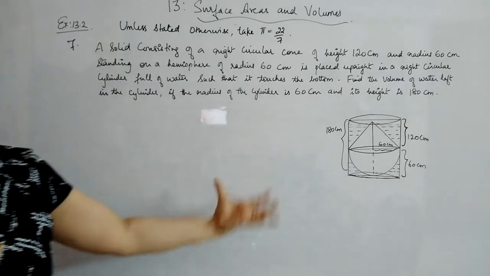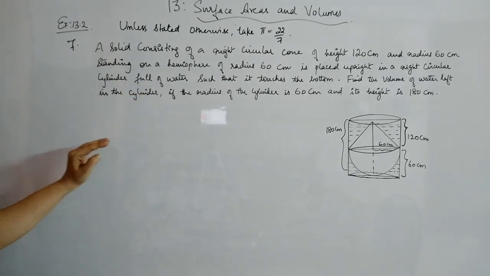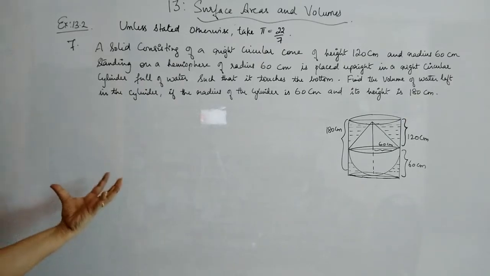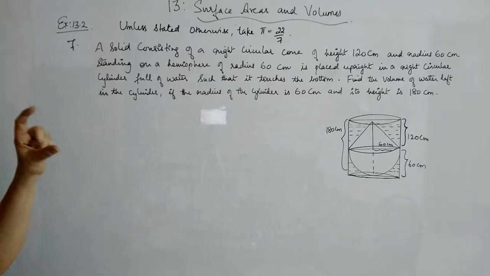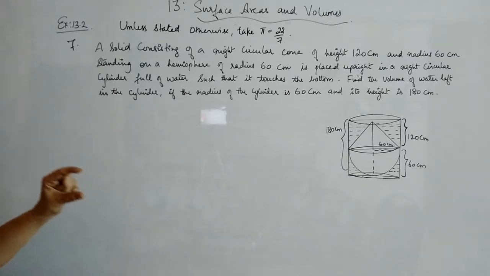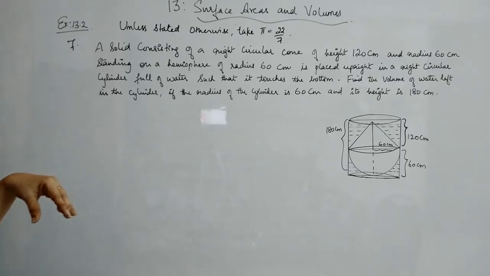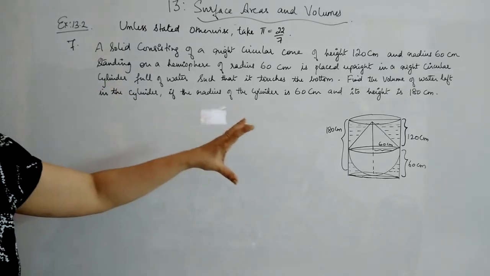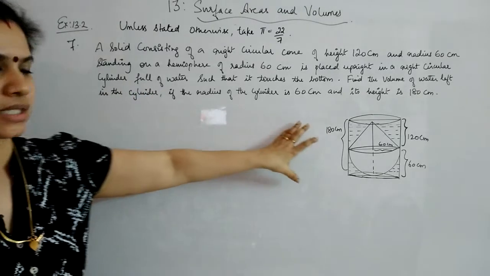That means there is a cylinder which contains water, that is to the full, to the brim it has water, and we are immersing a solid figure into it which consists of a cone and a hemisphere, and the cone is upright. And what happens is, some of the water will be flowing out of the cylinder, right?